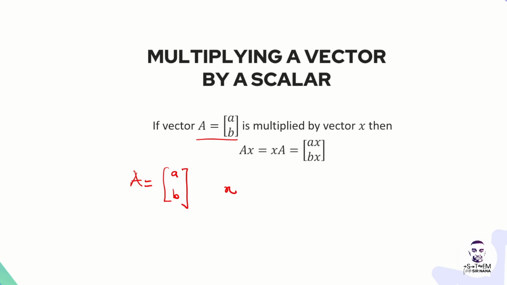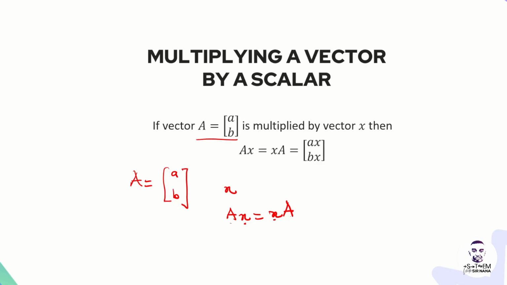So this implies that we have A multiplied by x, and it's also equal to x multiplied by A, because when it comes to multiplication of vectors, it is also commutative. It doesn't matter which way we put our vector and our scale factor.